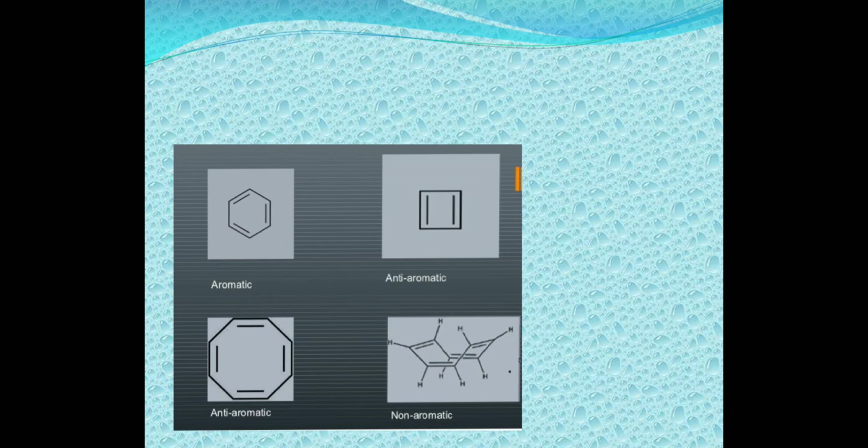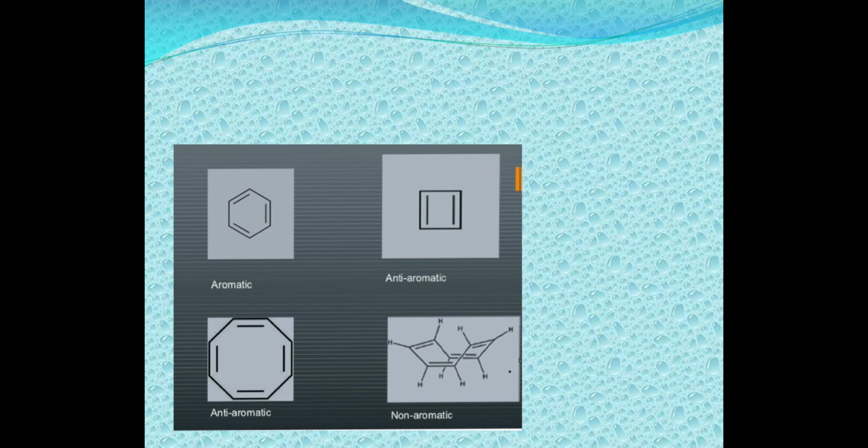In this slide, there are 4 examples. The first one is benzene, which is aromatic. The second one is cyclobutadiene, which is anti-aromatic. The third one is cyclooctatetraene in the planar form, and the fourth one is cyclooctatetraene in the tub-shaped form. The planar form is anti-aromatic and the tub-shaped form is non-aromatic.